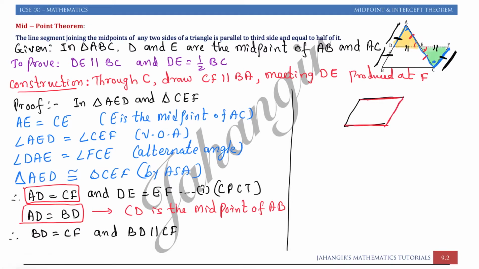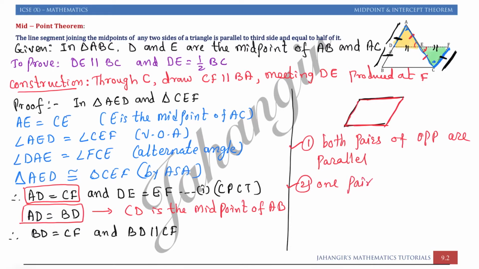In most of the sums we will prove a parallelogram in two ways. First, both pairs of opposite sides are parallel. Or second, you can prove one pair of opposite sides are parallel and equal.